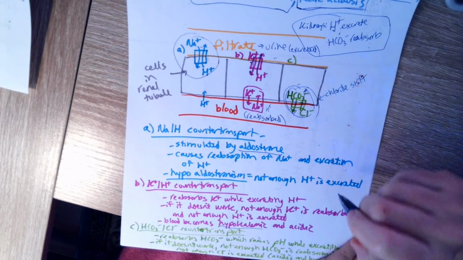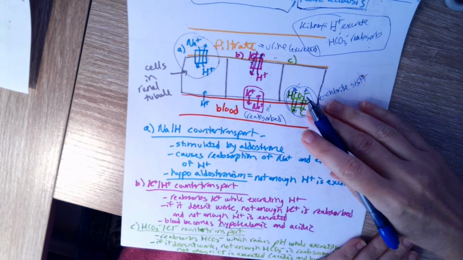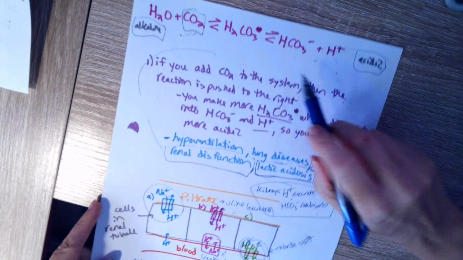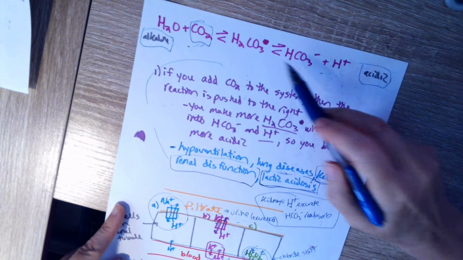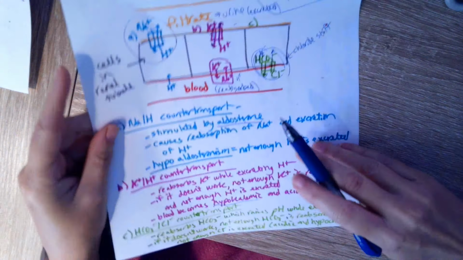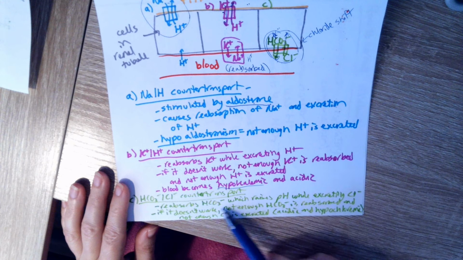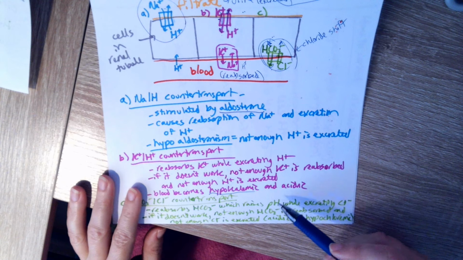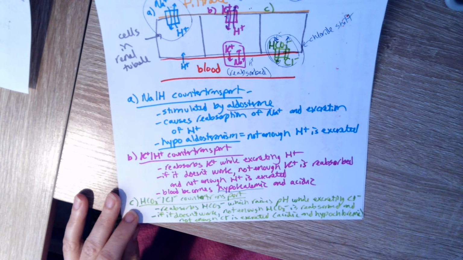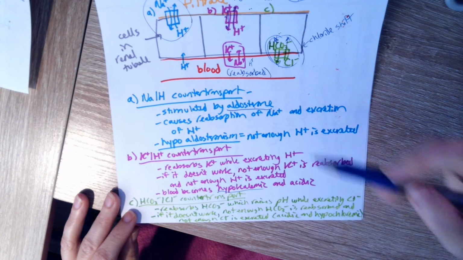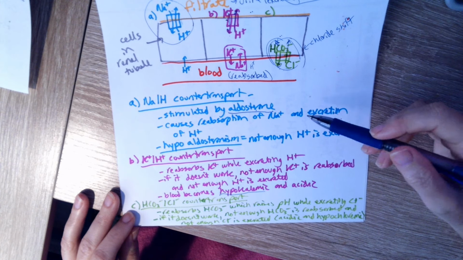But if this chloride shift isn't working, the problem is that you're not reabsorbing the bicarbonate. If you're not reabsorbing the bicarbonate, you don't have enough of this to soak up this, which means that you're going to be too acidic. Okay? So you can see in that green, it's kind of squished down there. When you reabsorb the bicarbonate, that makes your pH higher, keeping you from being too acidic. And if you cannot do it, then you're going to become too acidic because you're not reabsorbing that bicarbonate.